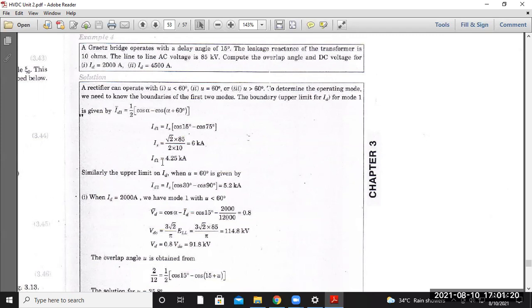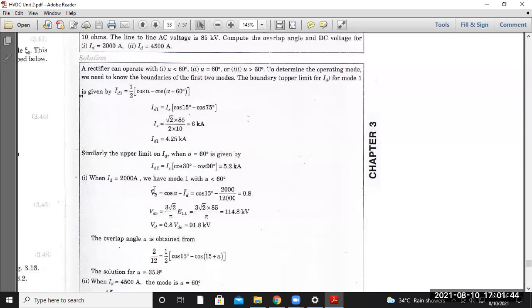From there, just put the values in the similar pattern and you will get the value of 5.2 kilo ampere. That means as the value of mu increases, the values of ID1 and ID2 also increase. That means they are correlated with each other. Now you can say, with the increment of mu, the value of ID current will also increase.